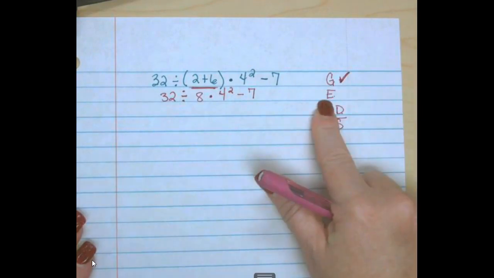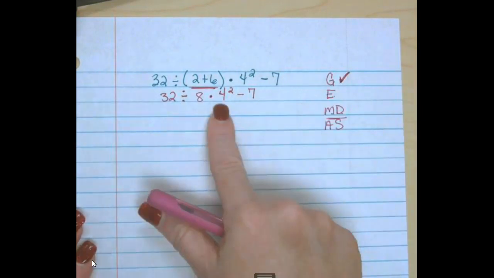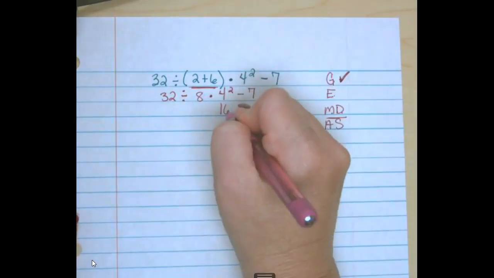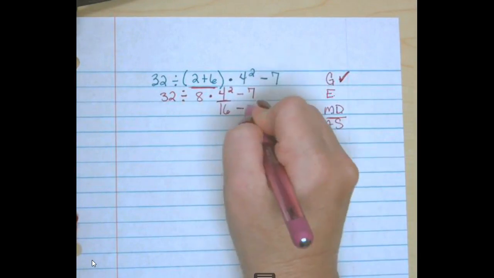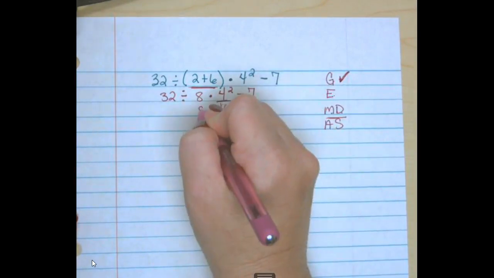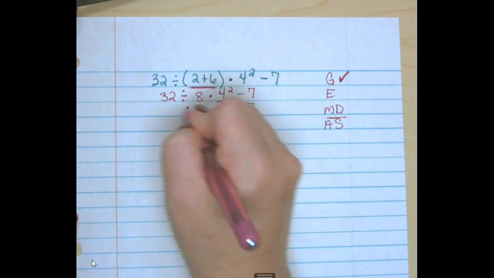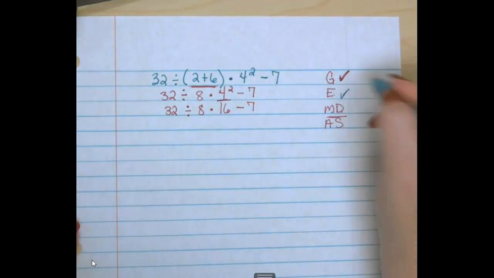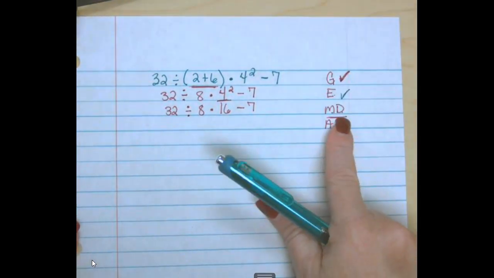Now I have exponents. 4 squared is 4 times 4, 16. Everything else is going to come straight down. Now I've gotten rid of my exponents. Now multiply, divide.